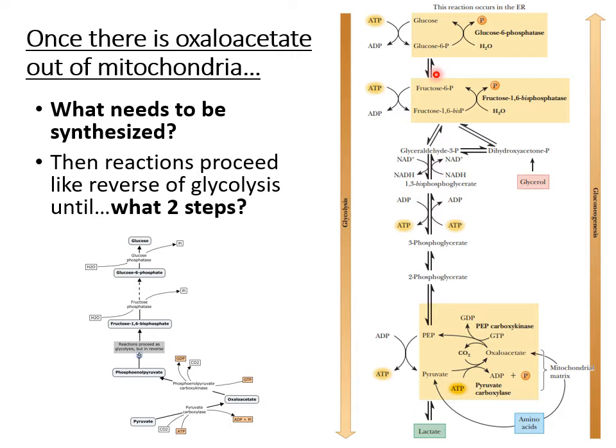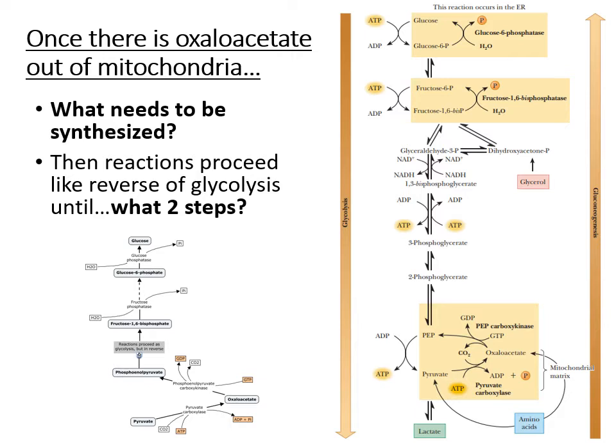Okay? And I'll write it out on the next slide. The reason why I keep emphasizing these 3 steps is because in glycolysis, when we were at those areas, such as the first step of glycolysis, which would be up here, the enzymes used in those steps are energetically irreversible.